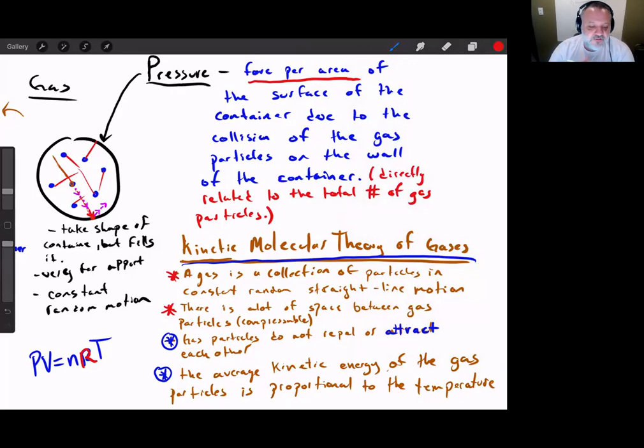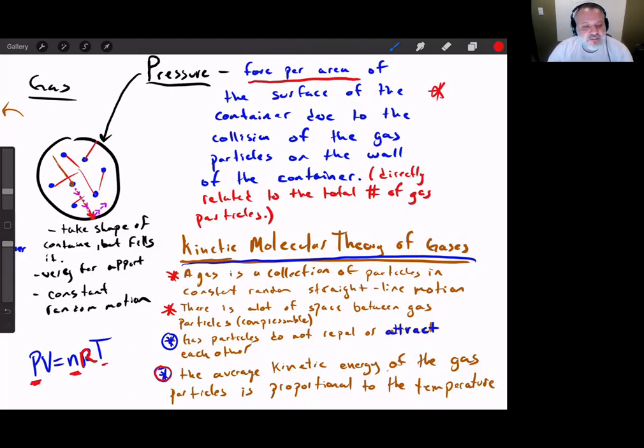But some of these things are true, right? We already know this. The pressure is directly related to the number of particles. We said that right up here. The temperature is related to the pressure, and that's sort of said right here. And that brings me to this next point.